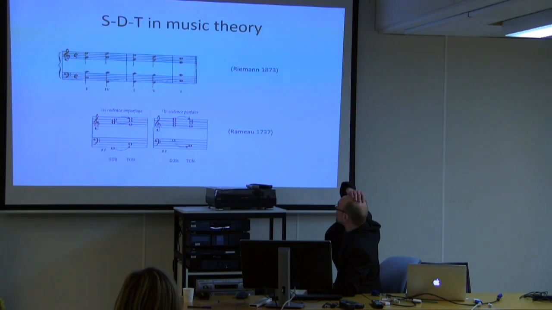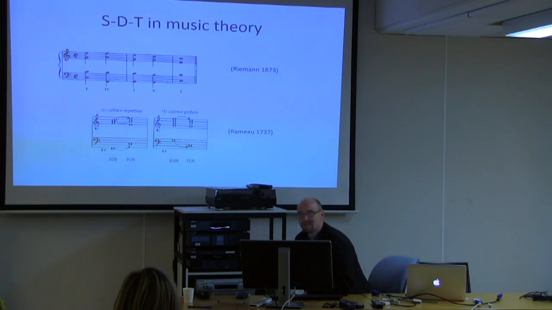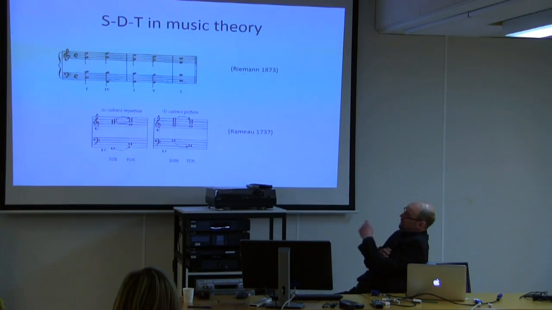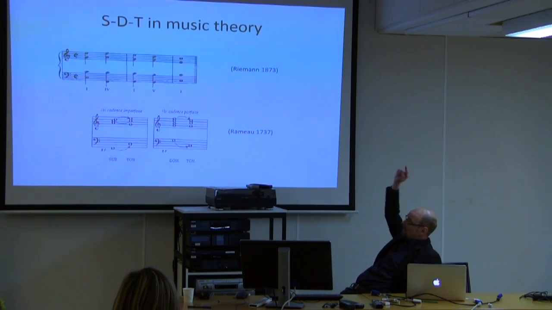But I wanted you to see how this cadence has been treated in music theory. Even there, Riemann's basic cadence has a 1 between 4 and 5, which, well, I don't know what that is. And Rameau's example, where you have a 6th chord on the subdominant and the 7th on the dominant.